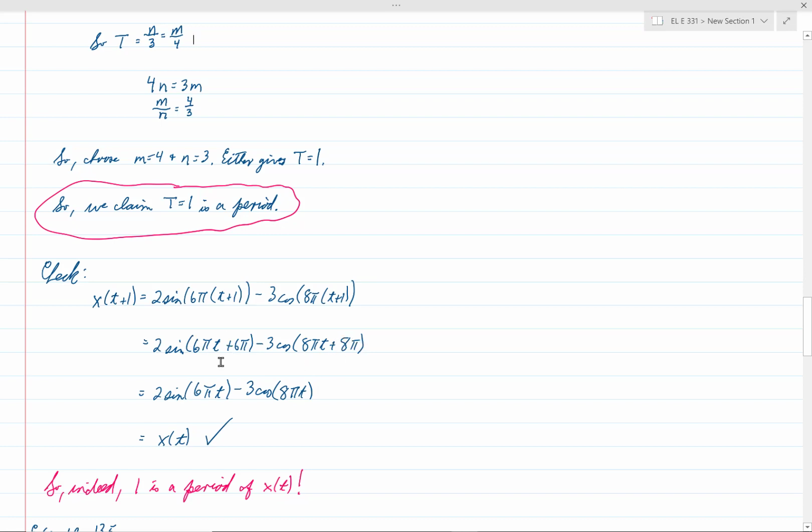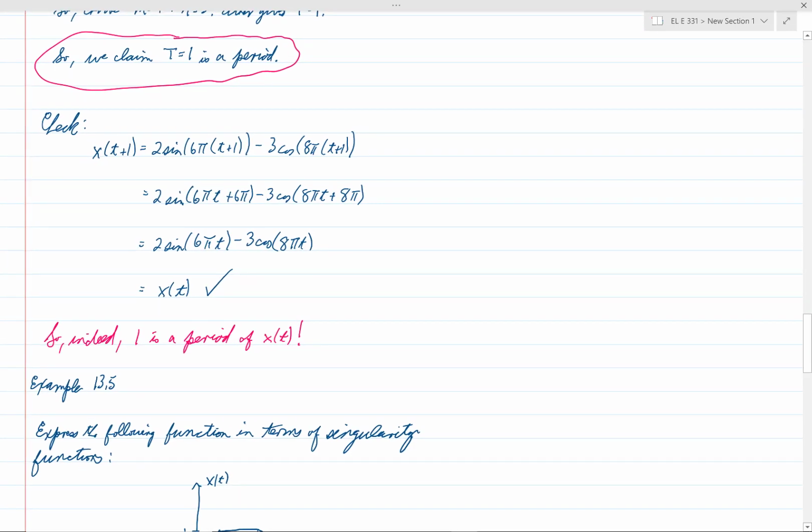So this expression is just the same as 2 sine of 6 pi t, and this expression is just the same as minus 3 cosine of 8 pi t. So we have our original function x of t. We have shown that x of t plus 1 is equal to x of t, and therefore 1 is indeed a period of x of t.